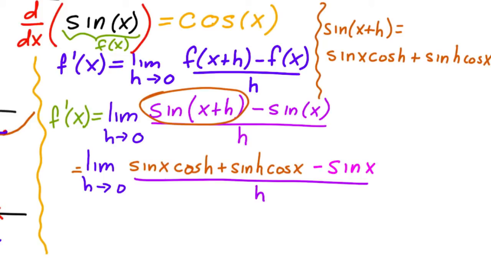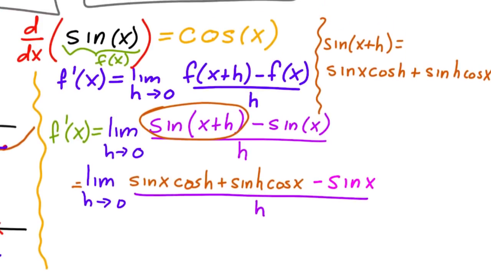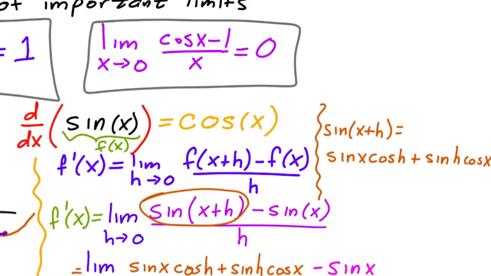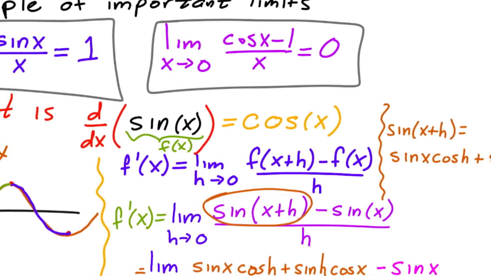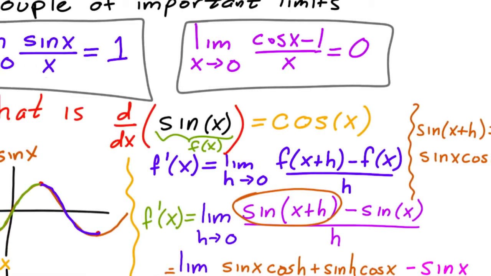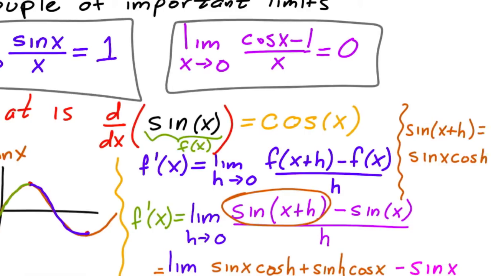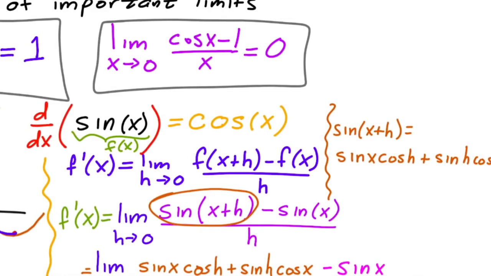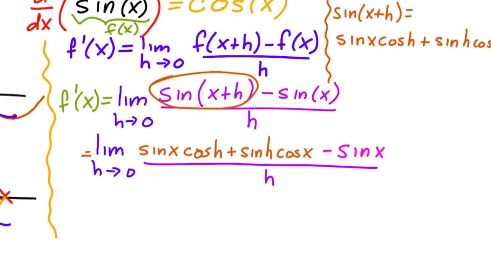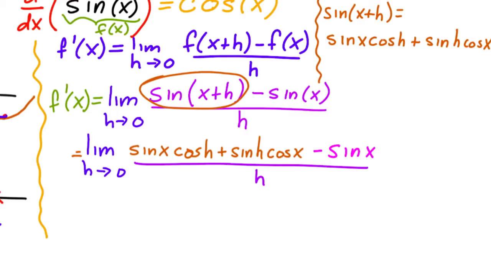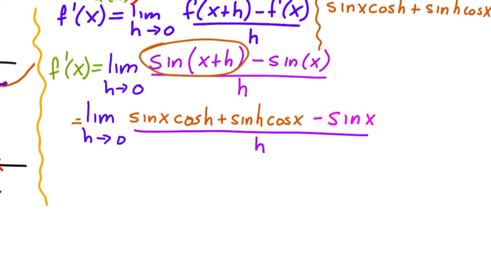But you do notice that, keeping in mind the two limits that we said in the very beginning, we know that the limit as x approaches 0 of sine of x over x is 1, and cosine x minus 1 over x is equal to 0. Now, press pause right here and see if you see anything, and then try to see if you can figure out the next step.